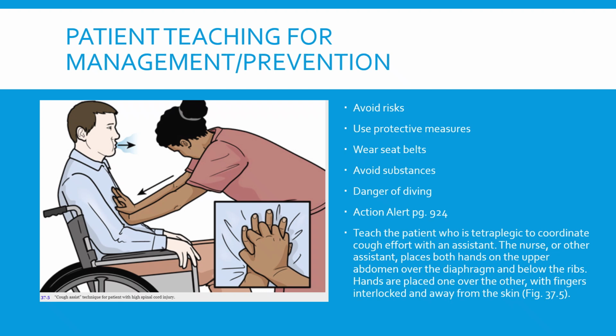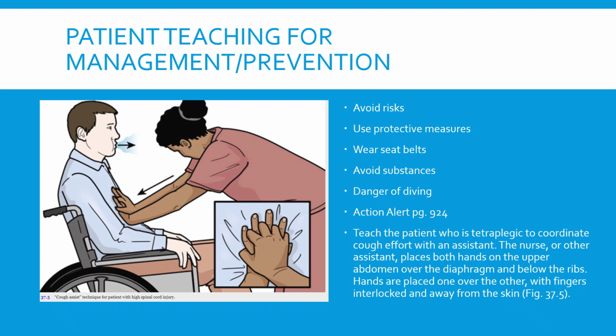The action alert on page 924 talks about immediately following a spinal cord injury, we should assess breath sounds every 2 to 4 hours during the first few days and document and report any adventitious or diminished sounds. Monitor their vital signs with pulse ox and intervene if their O2 is less than 95%. And then watch for changes in their respiratory pattern or airway obstruction.